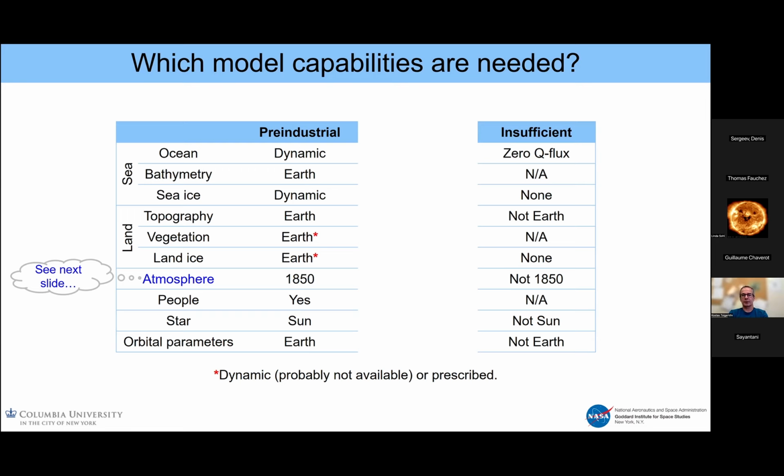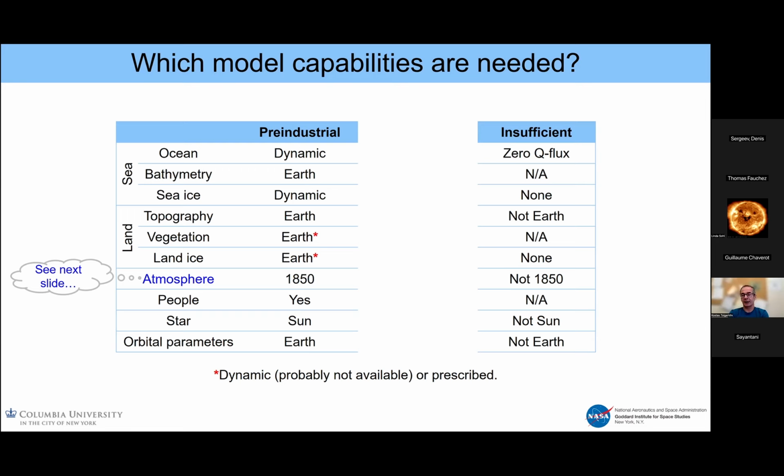Then for the same reason, if you say there is no sea ice because you cannot simulate it, then it's not a good idea. We cannot do that. Topography has to be that of Earth, with compromises depending on whether the model is 1D, 2D, 3D, but it has to resemble Earth somehow. And then the land ice should exist in some sense.